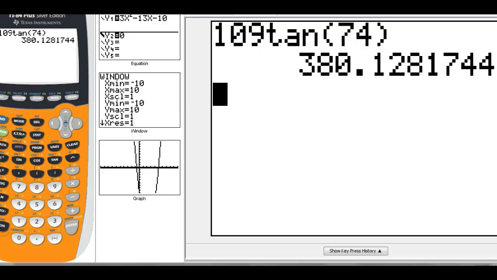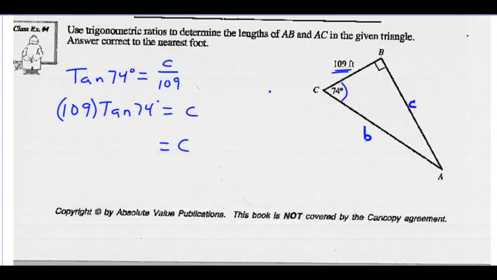So to the nearest foot, this is 380 feet. So c is 380 feet. All right. You guys try to find the length of side b on your own. Give it a go, and then have a look up here and see what I did. So pause it.